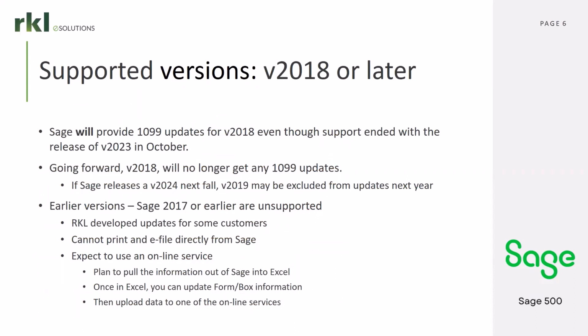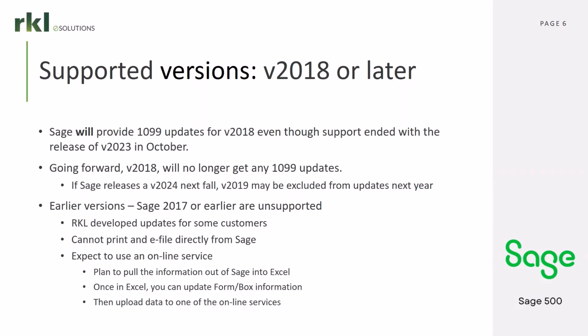So the supported versions of Sage 500. Sage is going to do something a little different this year. They're going to put out 1099 updates for version 2018, even though support ended with the release of version 2023 this October. You'll recall usually Sage supports the current version and 2 versions back.